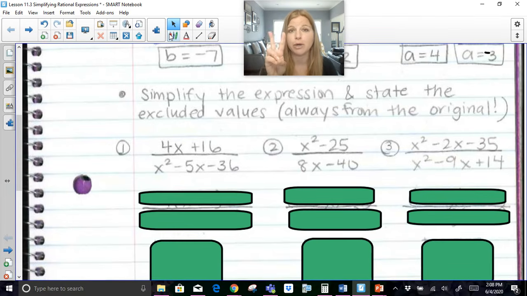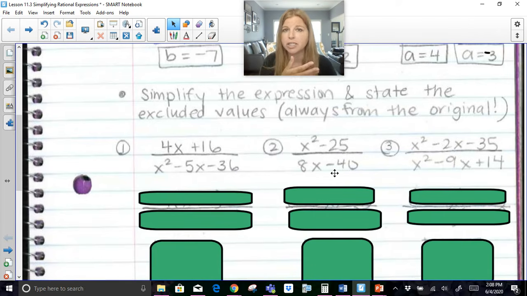First of all, if you have a binomial, a two-term polynomial, there's only two things you can do. Factor out a GCF, a greatest common factor, or factor it if it's a difference of squares. So a perfect square minus a perfect square. And we're going to have those cases here. This 4x plus 16, this x squared plus 25, this 8x minus 40.